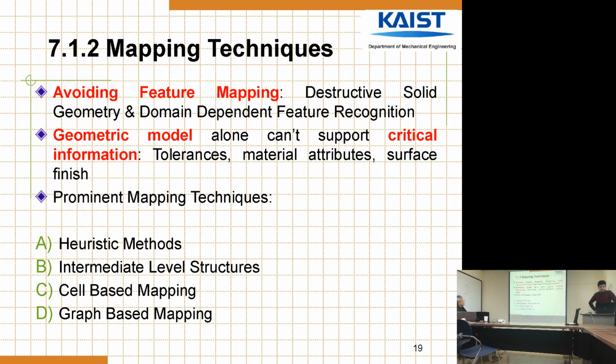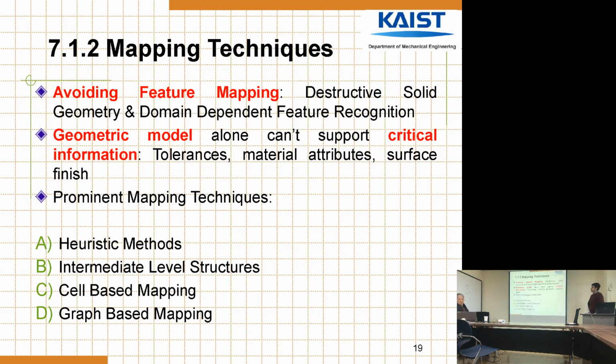But before that, the book says there are some methods through which we can avoid feature mapping if we don't use features. We already have the idea that before features we used to have geometric models. In the last lecture we learned about destructive solid geometry, and there is a domain-dependent feature recognizer that is specially for one type of domain.